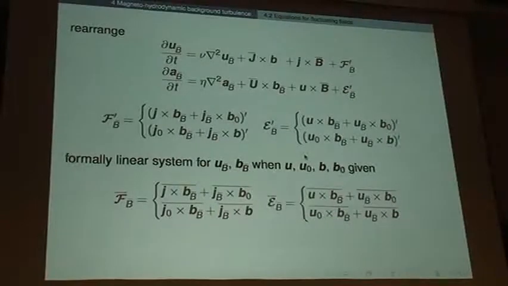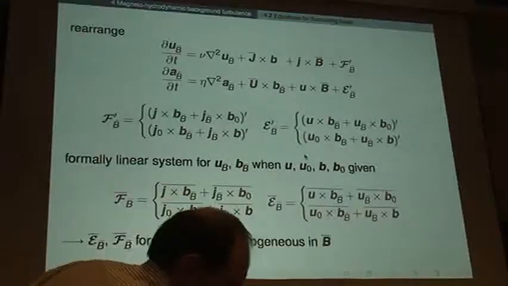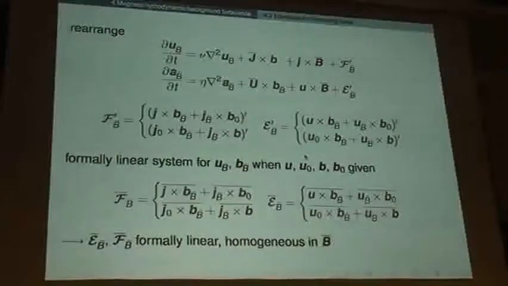If you consider these as given, then this is formally a linear system in these solutions. And it turns out that the mean force and the mean electromotive force are, at the end, formally linear and homogeneous in the mean field.